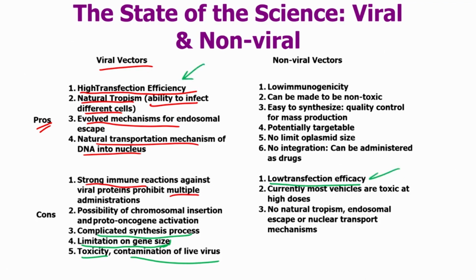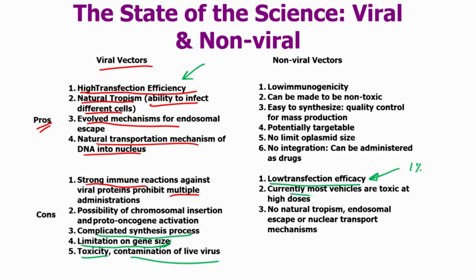Here the efficiency is actually very low. We have been trying to improve that, but we have not become as good as nature is in increasing this efficiency. So, this could be as low as 1%, it just depends on what you are using, and that means that almost 99% or more of your drug is getting inactivated or is wasted.